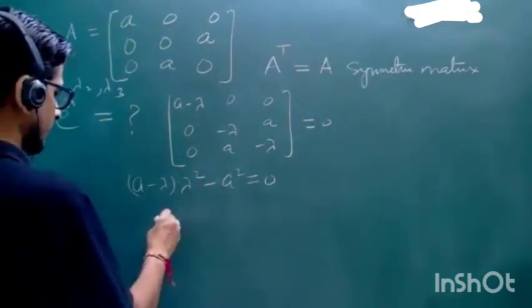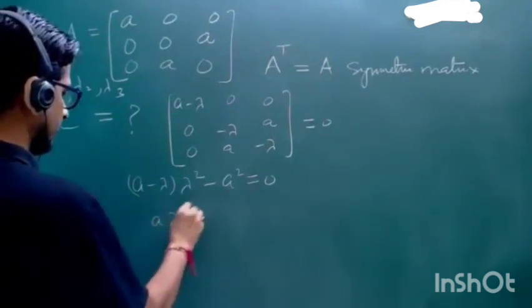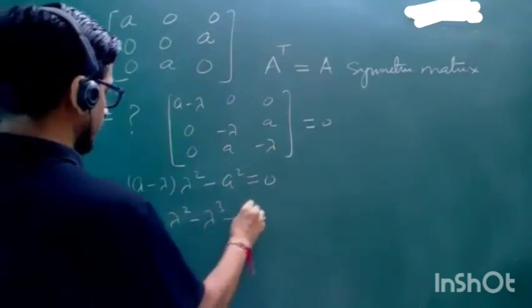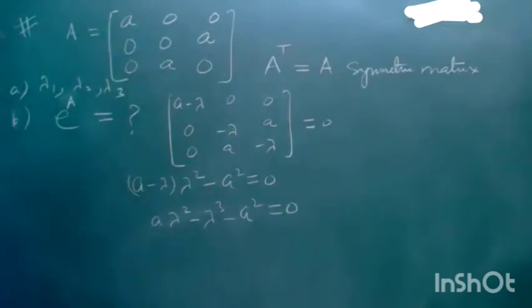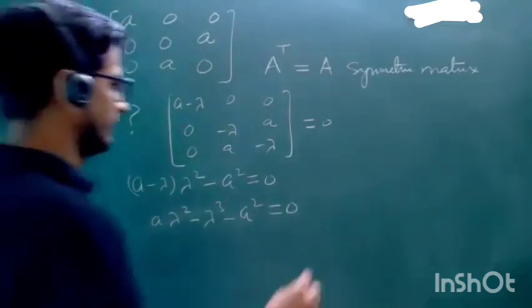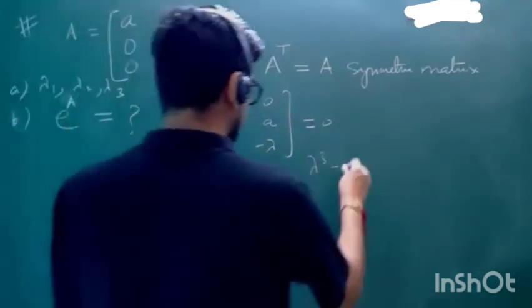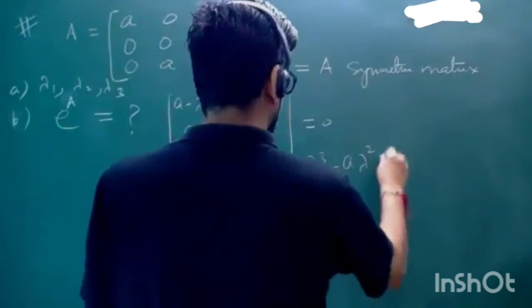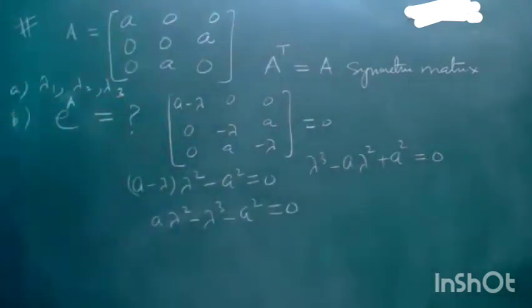So what will be the value? a lambda square minus lambda cube minus a cube is equal to 0. If you write it, lambda cube minus a lambda square plus a square is equal to 0. So this is the cubic equation, solution of which will give you the eigenvalues.